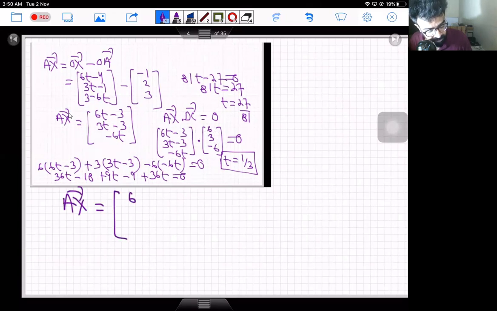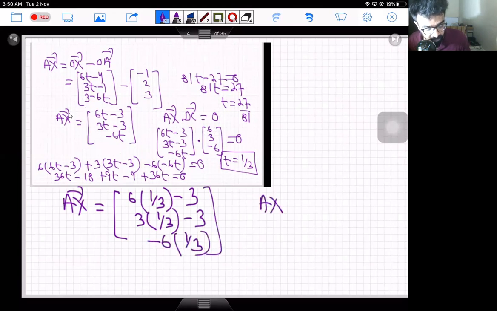So 6 times 1 over 3, and then minus 3. 3 times 1 over 3, and then minus 3, and minus 6 times 1 over 3. So AX vector is, just simplify these terms. 6 divided by 3 is 2, 2 minus 3 is minus 1, and this is 1 minus 3, so minus 2. So the last one is minus 2.